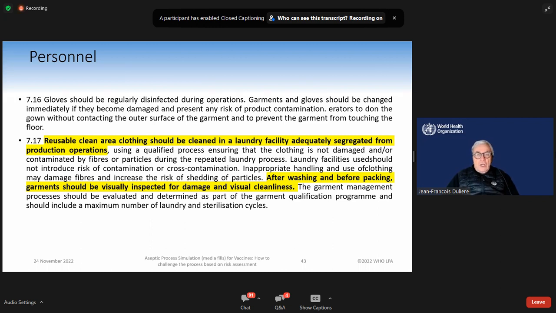That means that you need to have the perfect knowledge of the process which has been subcontracted. You need to train and to check how they are working, how they are inspecting the suits to avoid having damage going into the grade A areas. So the gowning has to be visually inspected for damage and visual cleanliness.